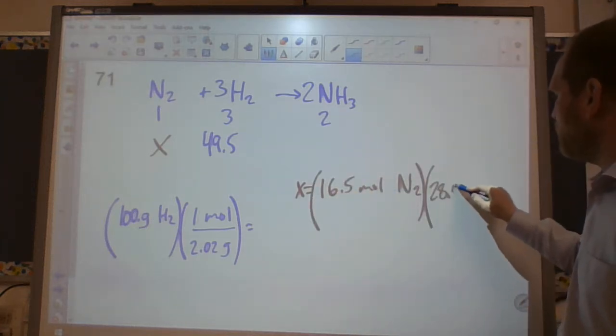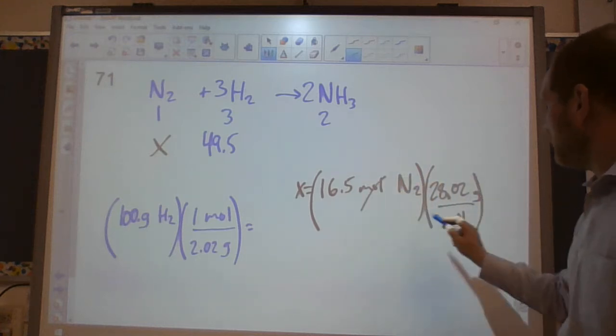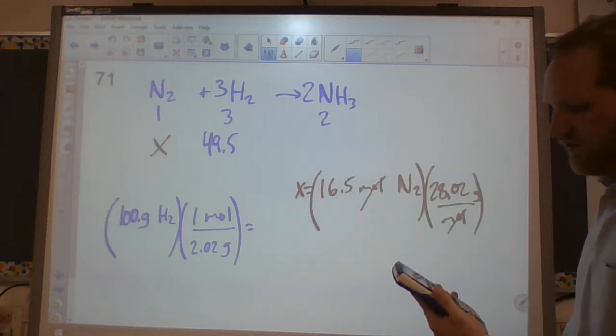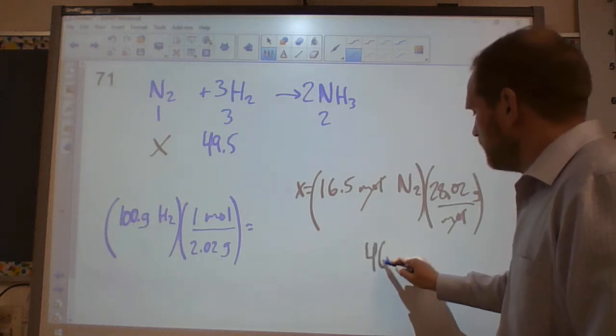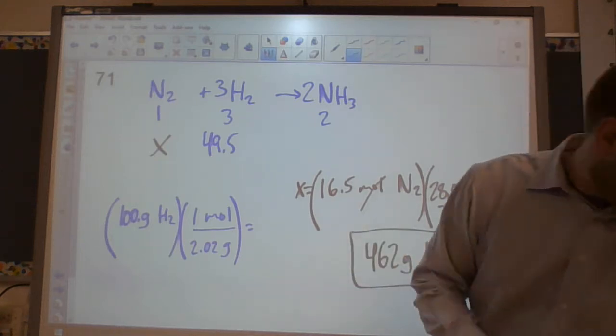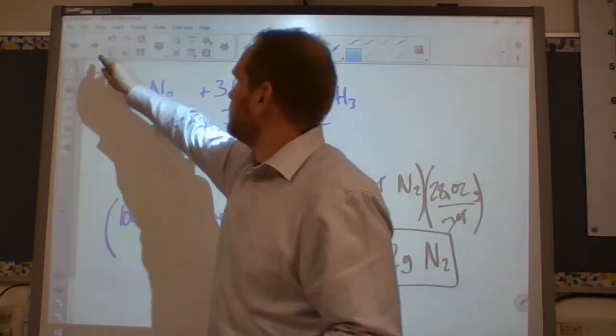N2 is 28.02 grams per mole. 3 sig figs, 462 grams of N2. Okay, just make sure. Yep. All right, 72.